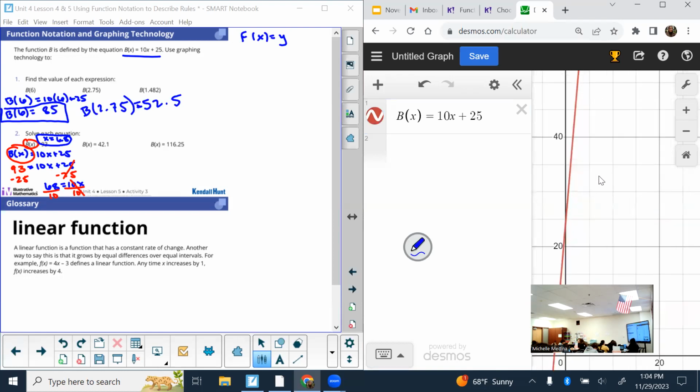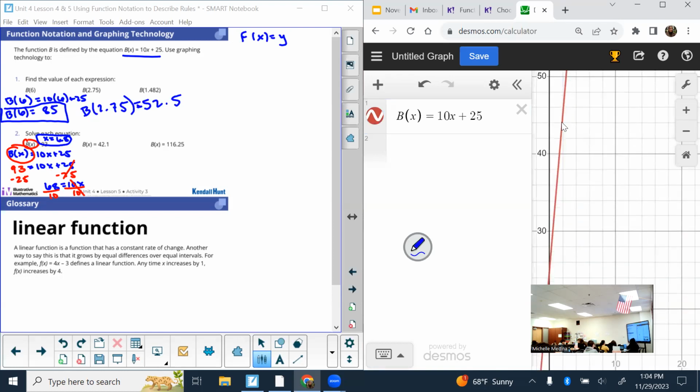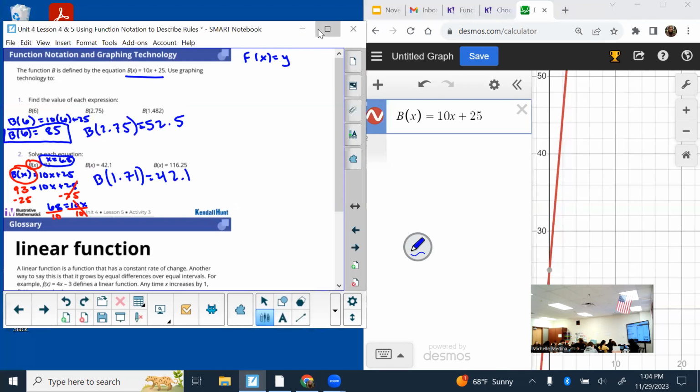Okay, I might have to zoom in a bit more. Okay, but 42.1, you see it? I got it. What's that X value going to be? 1.71. So that's another way. So B of 1.71 is 42.1. Or you can just know how to do the math of it. So good, any questions?